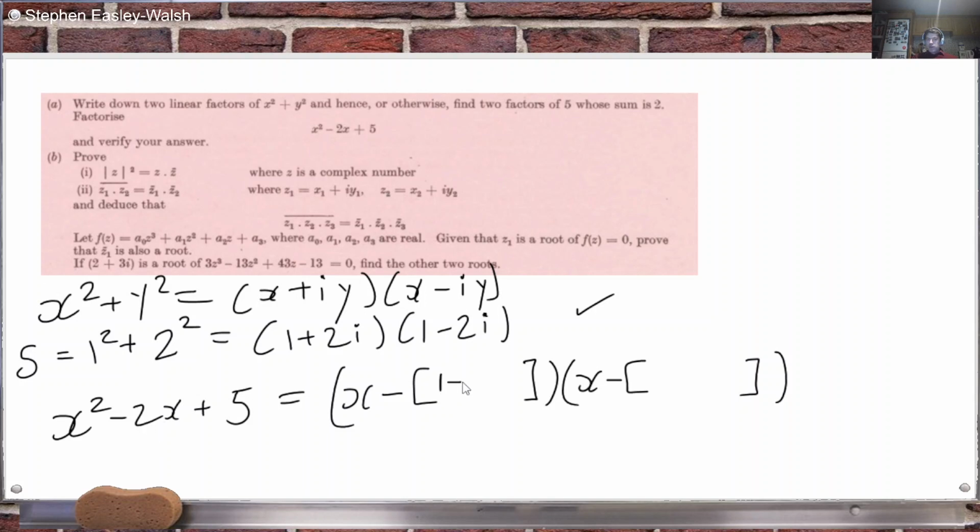So that's 1 plus 2i and then 1 minus 2i. Okay. And to verify your answer, I guess you could just multiply it out. I'm surprised that we have to do that, but okay, let's verify it now.